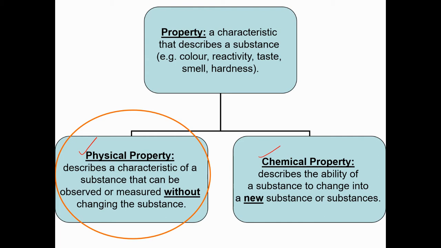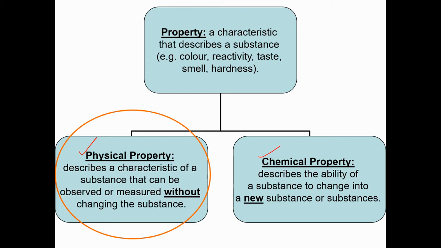So we're going to focus on physical properties, but there are also chemical properties, which essentially describe how a substance changes. What does it react with, for example? So if I have a metal and I put it in acid and I see that they react, well, I can say that that metal is reactive with acids. So chemical properties are different in that when you have to describe or figure out that property, you need to do some kind of test that changes the substance you were dealing with.